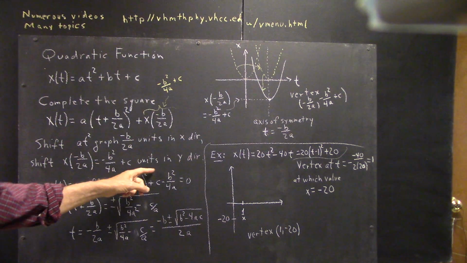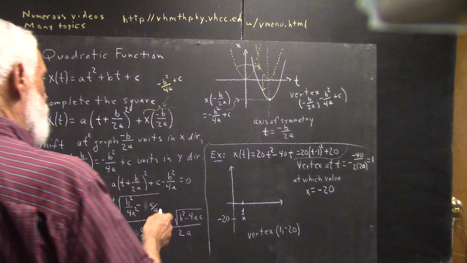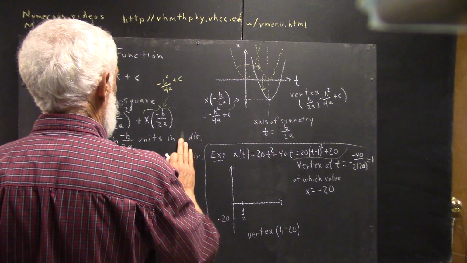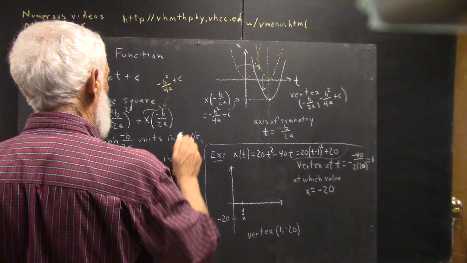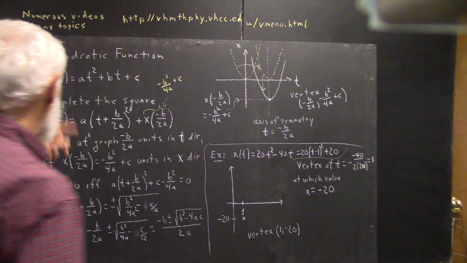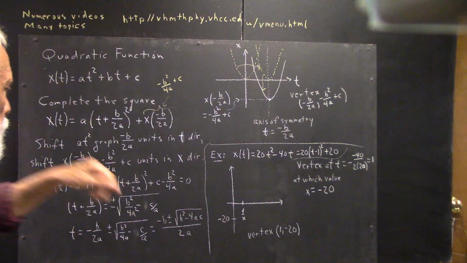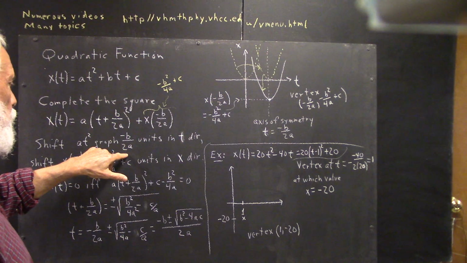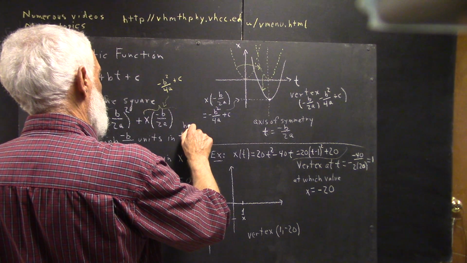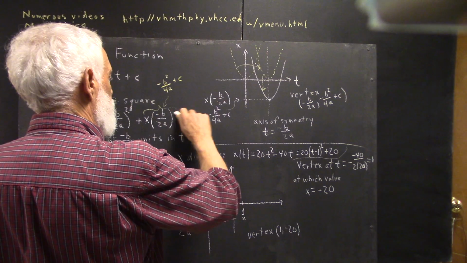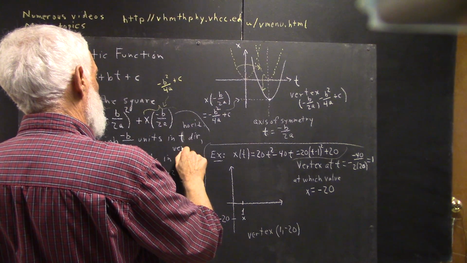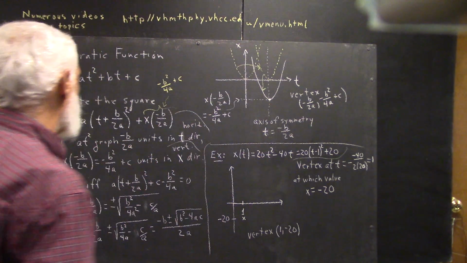Now, this vertical shift, the shift in the y direction, and I said the x direction, that should be the t direction. And since we're graphing x versus t, this means you shift this in the horizontal direction. And we shift this in the vertical direction.